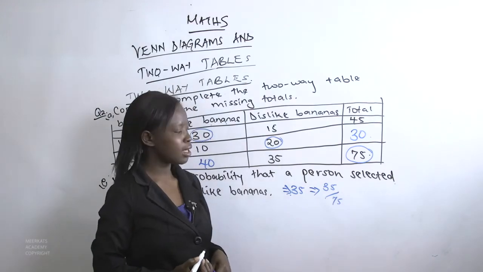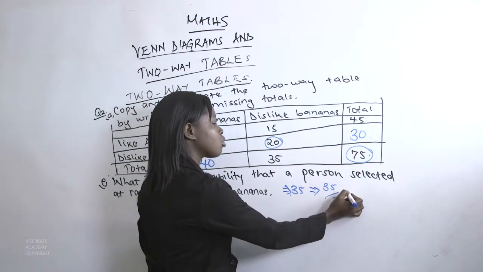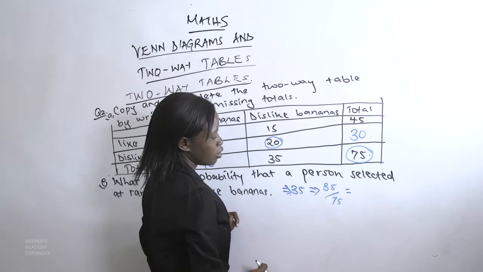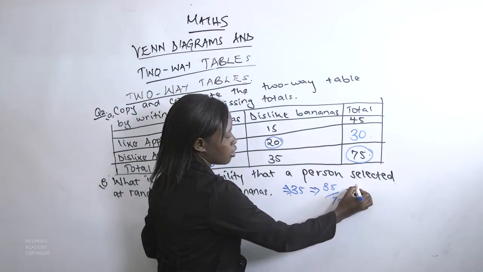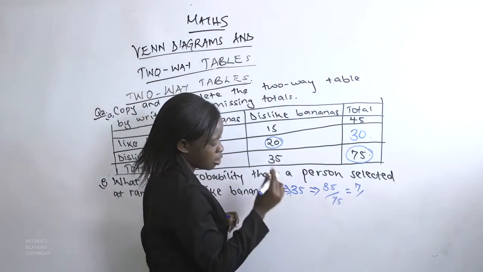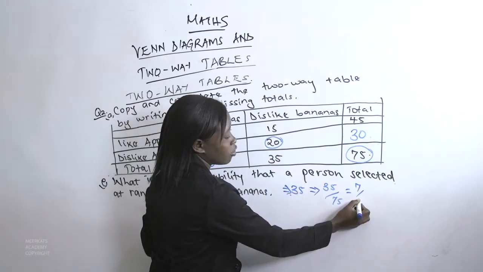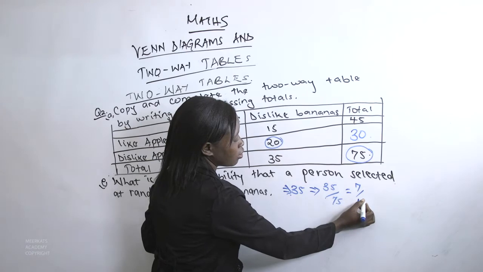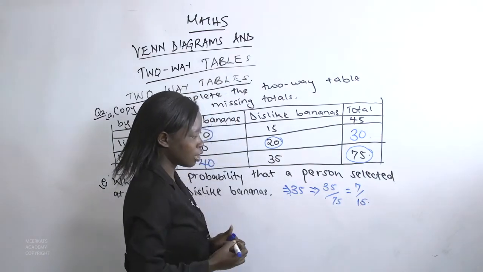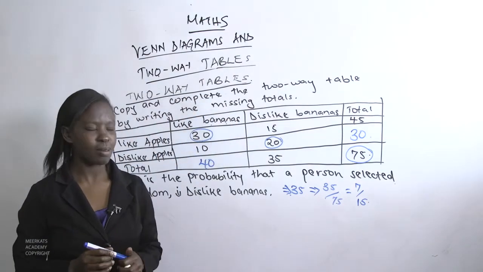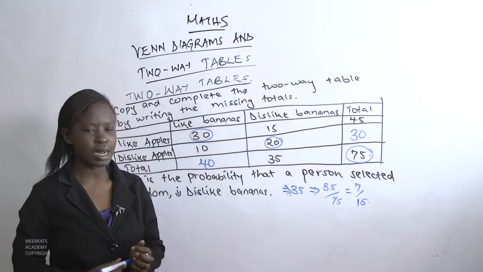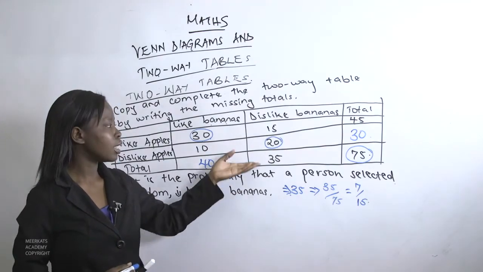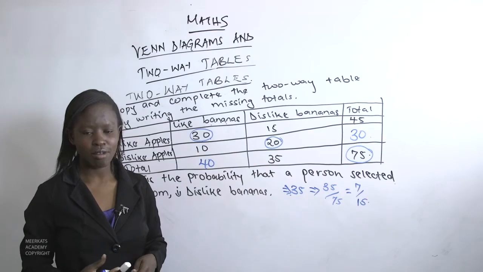Then we go ahead and simplify our fraction. 5 into 35, that is 7. 5 into 75, we have 5 into 7, 1, into 25, that is 5. So the probability of picking a person who dislikes banana from our data will be 7 out of 15.